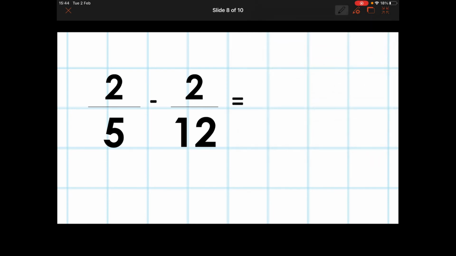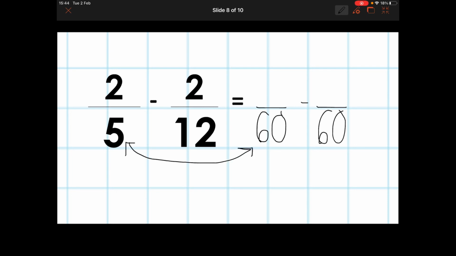Now I'm going to have denominators of 60 and I'm subtracting. Okay, what did I do to 5 to get to 60? I timesed it by 12. So I must times the top by 12. 2 times 12 is 24.